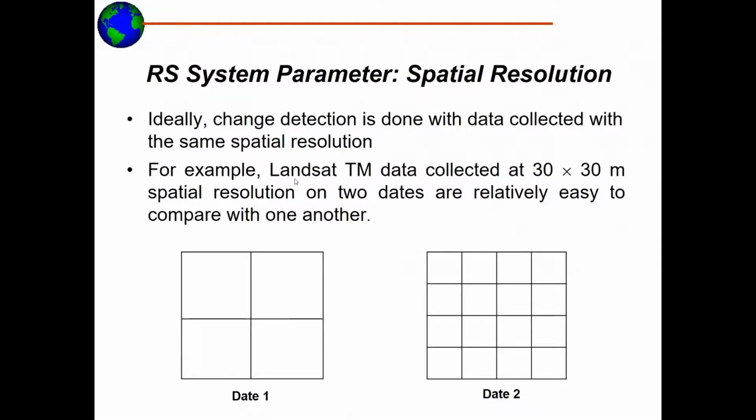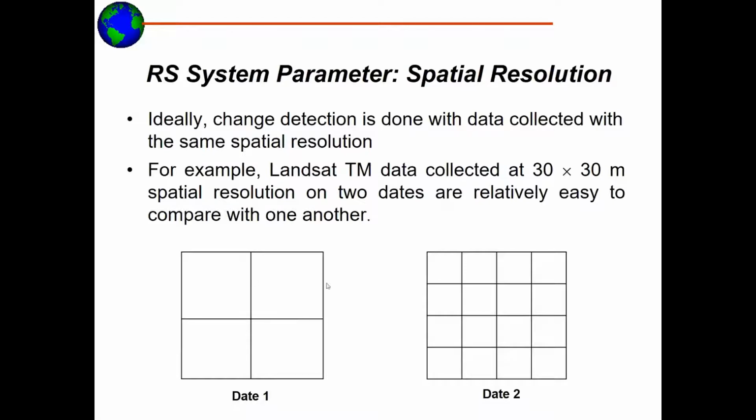So the next thing that is really important to think about is the spatial resolution. Ideally, change detection should be done with data collected with the same spatial resolution. Say, for example, that we have an image recorded here in 1995, and then we have another one recorded here in 2005.